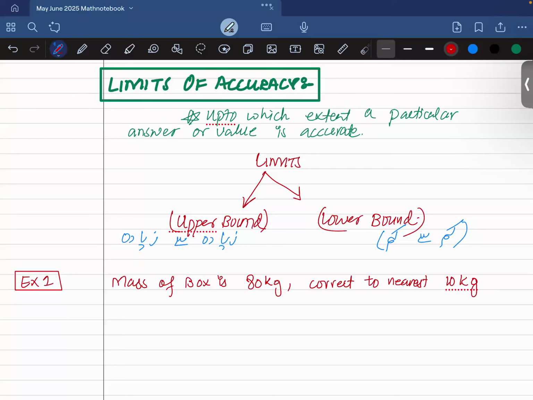Beta, you have to understand that this 80 and this 10 have something to do with each other. This 80 kg is known to you, but it has some error, and this 10 kg is the error.